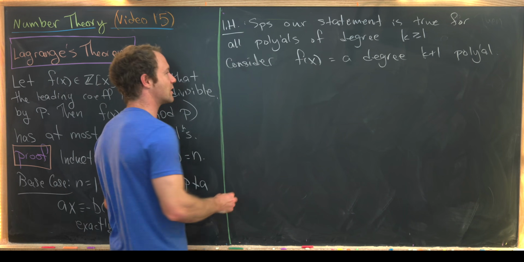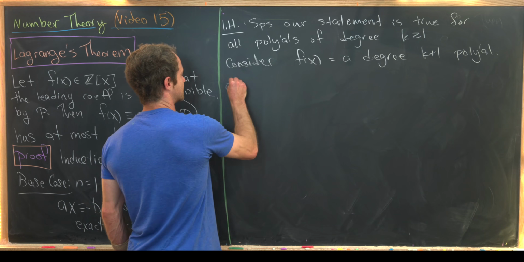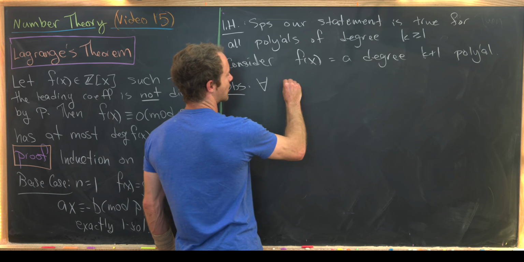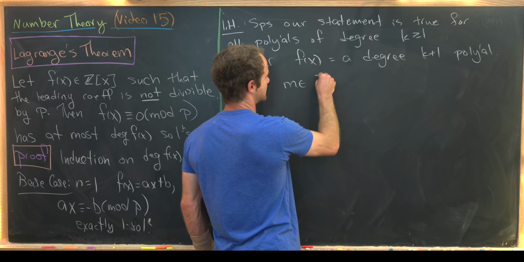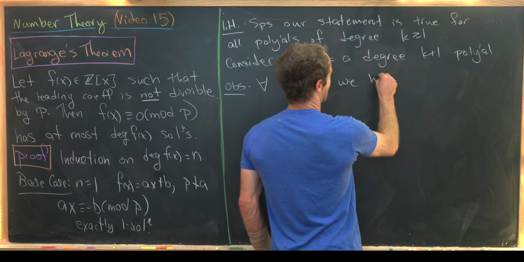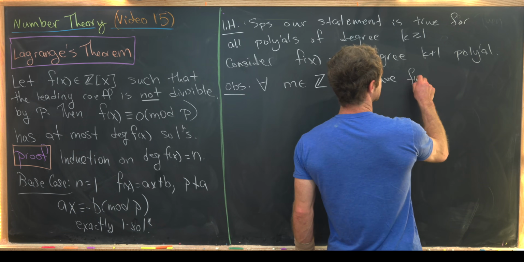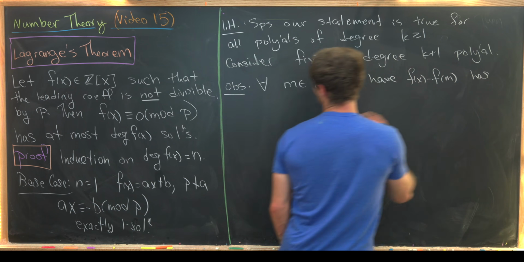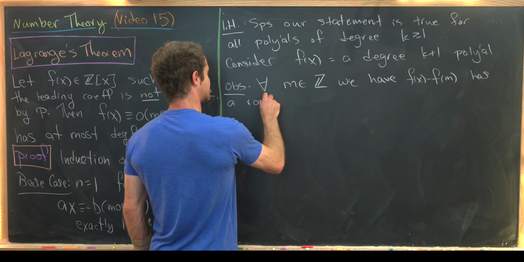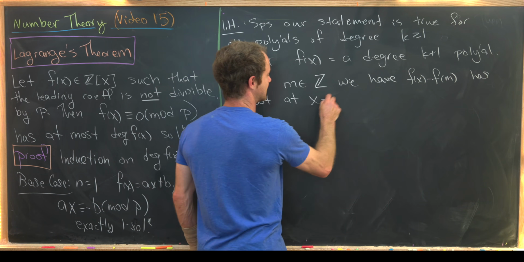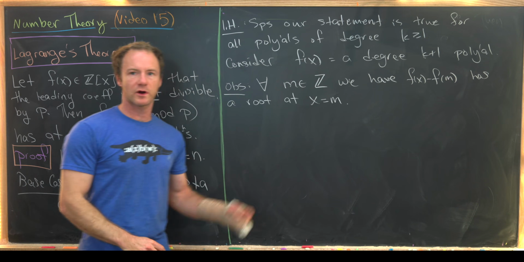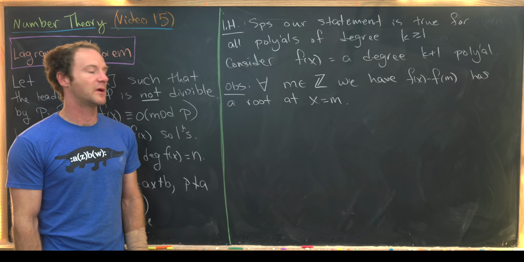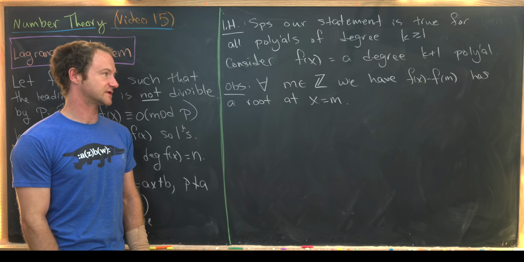Okay, now I want to make the following observation. And that is, for all integers, maybe I'll call them m, we have f(x) minus f(m) has a root at x equals m. So we're not working congruent anything at this point. We're just working over polynomials with integer coefficients.